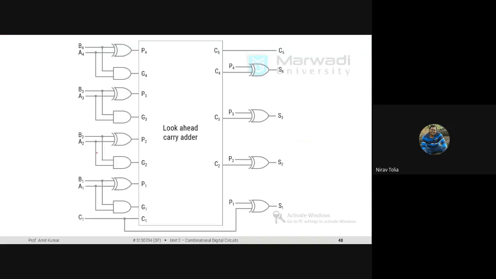And from that, we are deriving some logic, and from that logic, we are drawing this circuit. So this is the circuit of the look ahead carry adder.